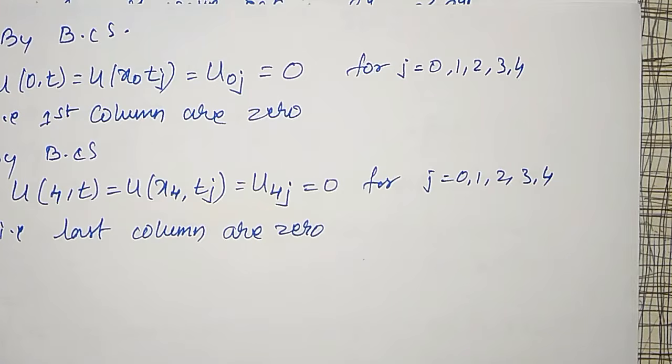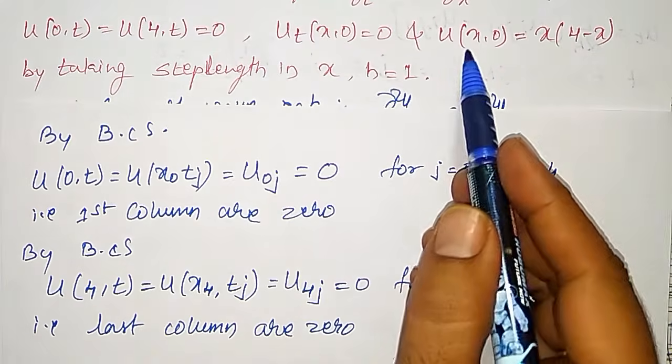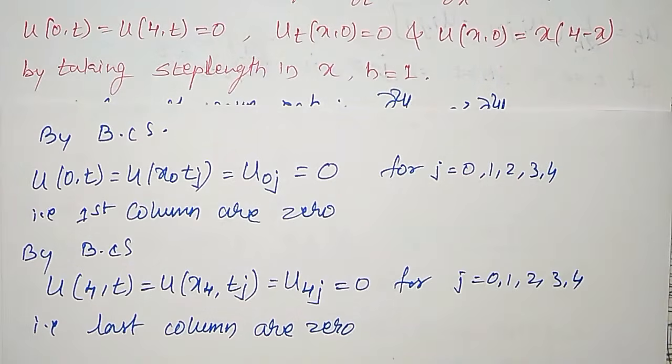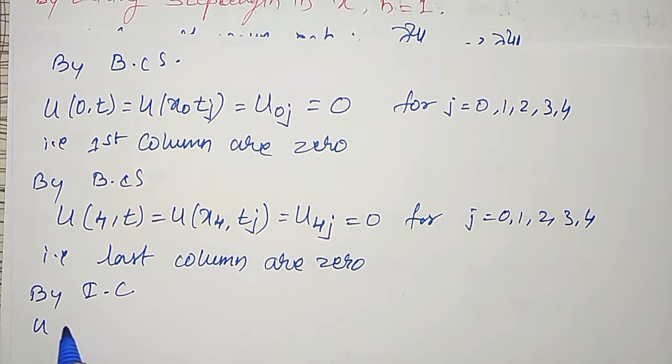And next, using initial condition. What is my initial condition? Now using the initial condition, last initial condition I will use. By initial condition, u of x comma 0 equal to x times 4 minus x.